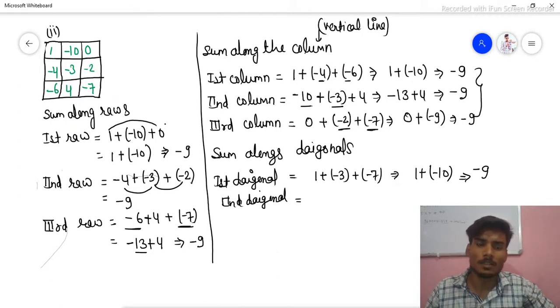So overall minus 9. Now the second diagonal, meaning 0 plus minus 3 plus minus 6. So 0 plus minus 3 and minus 6, that will be minus 9.